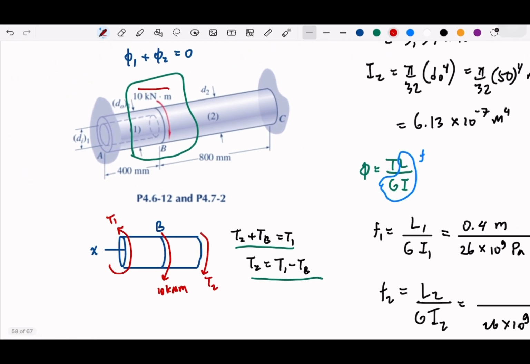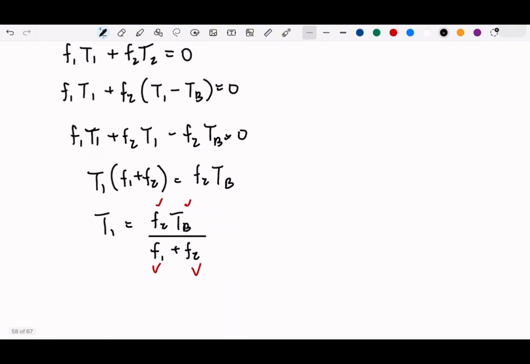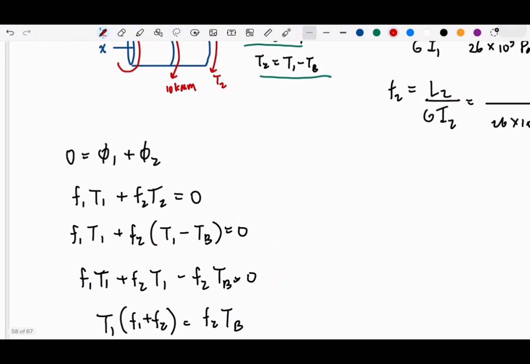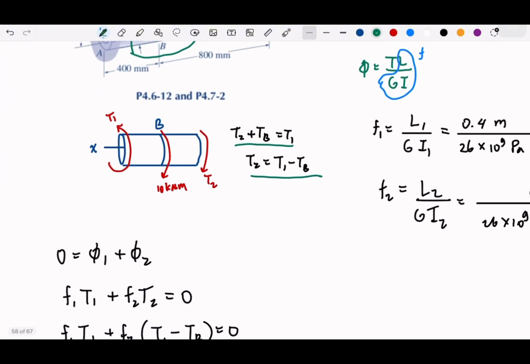Basically, since we have all the information needed for the F1, F2, and then for TB is this time. So we can put all the information and we can write that the T1 is around 6351.4 Newton meter. And then we can get the T2. This will be negative 3648.6 Newton meter. So this negative sign means this will be going that way.